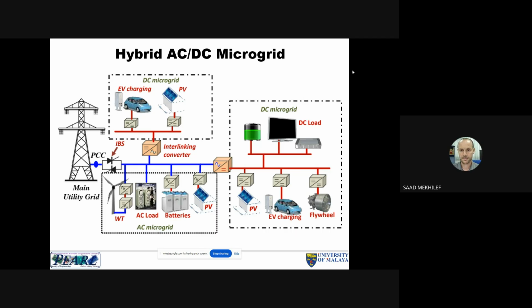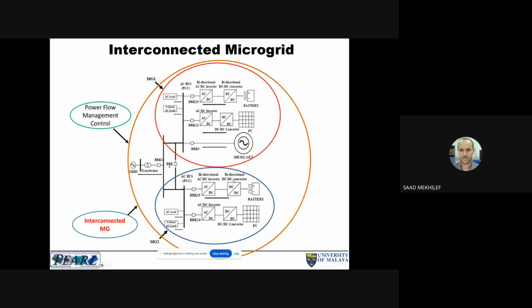When you have interconnected microgrids, like the example I showed you here, both of them are AC microgrids. They are interconnected, but they are not hybrid. But you may have interconnected microgrids which are hybrid also. So it's possible.